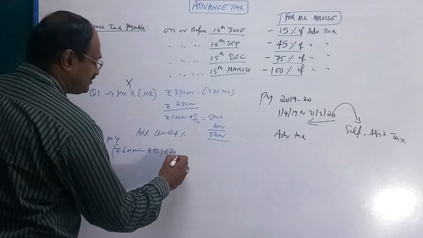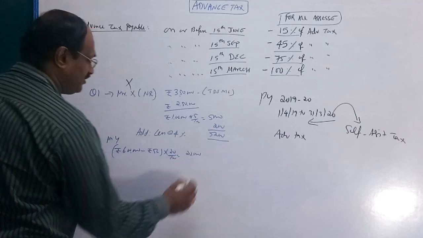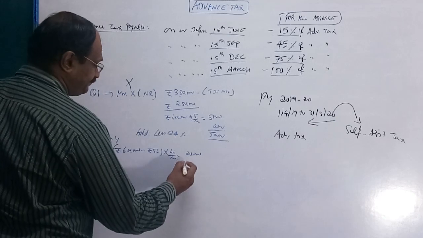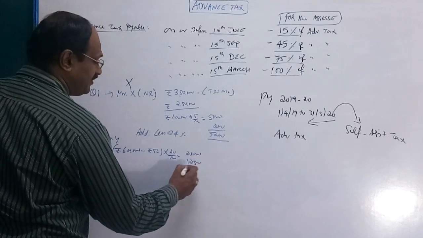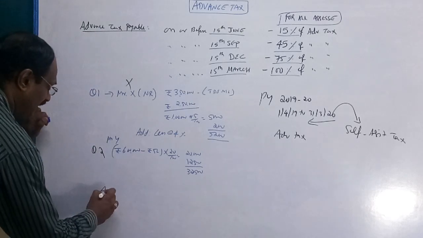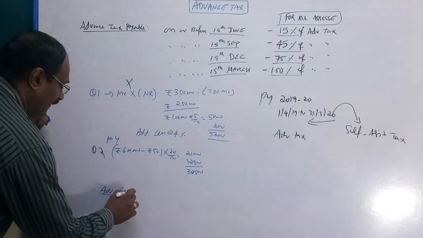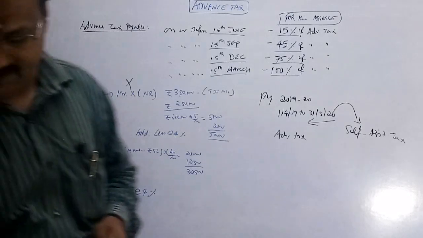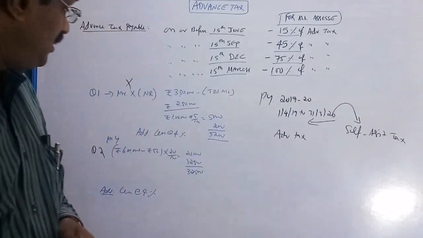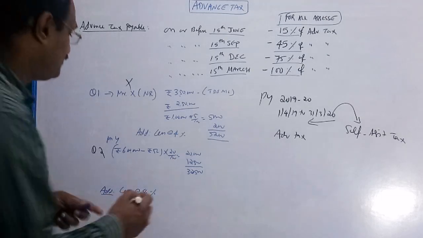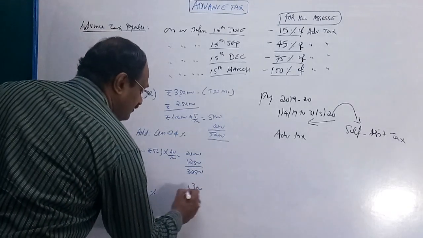Put 20%, 20,000. Plus 12,500, that is 32,500. Add cess 4%. 32,500 into 4 percent, 1,300.